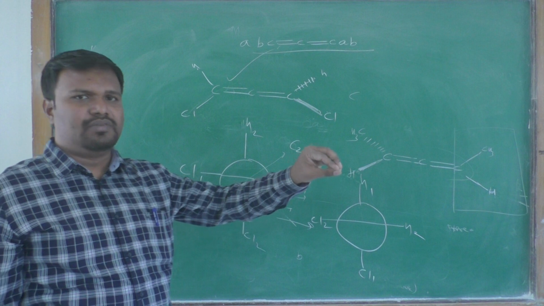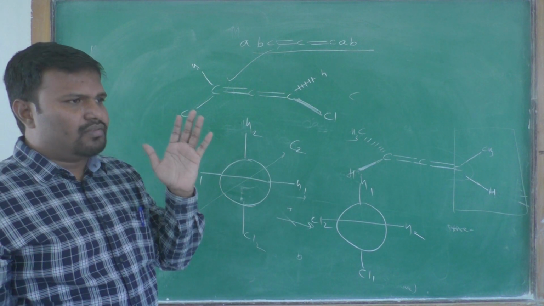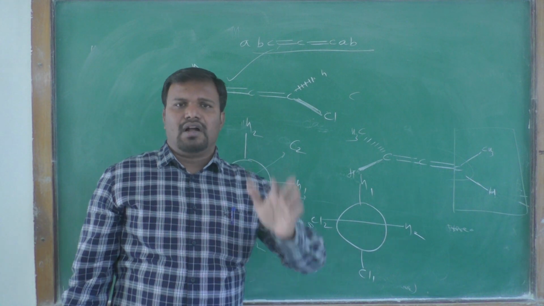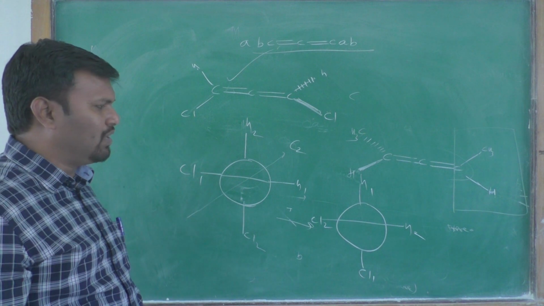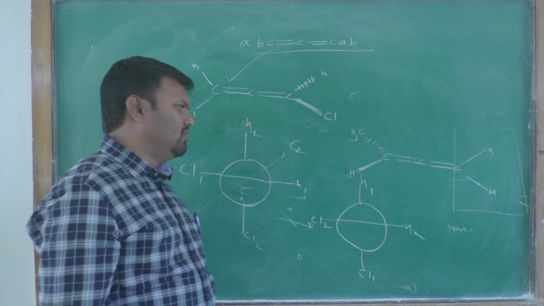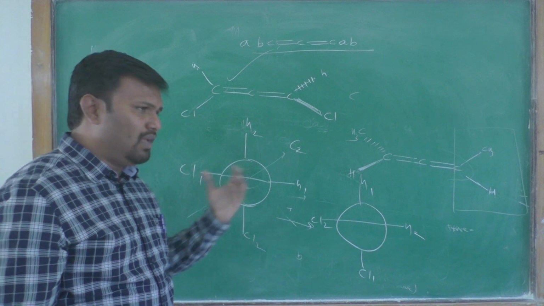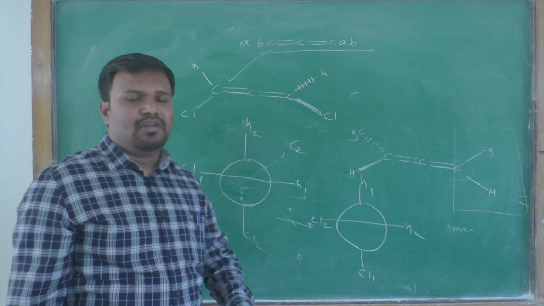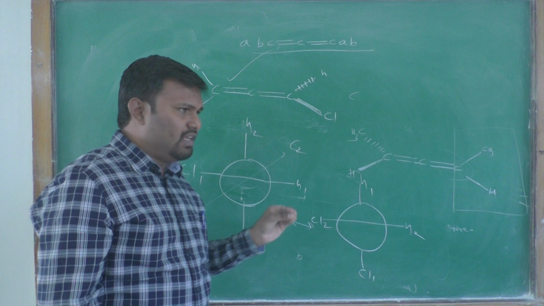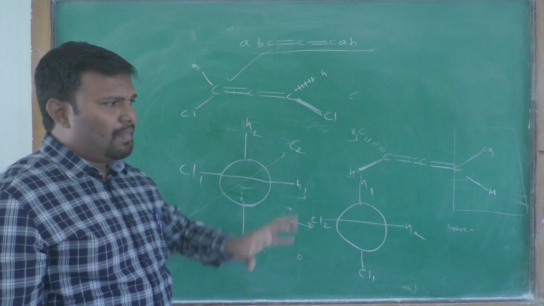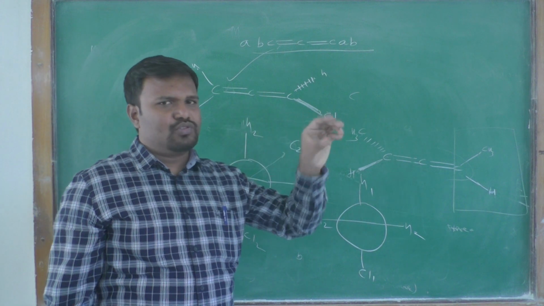If a plane of symmetry, a point of symmetry, or an alternating axis of symmetry is present, then the molecule is optically inactive. But if a C2 axis is present, the molecule may be optically active, and in some optically active molecules a C2 axis of symmetry is present.